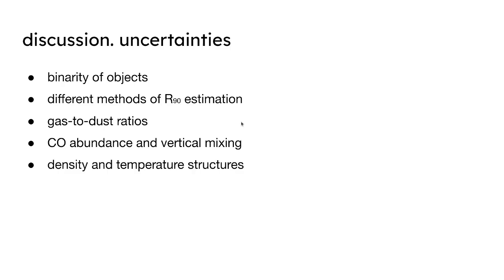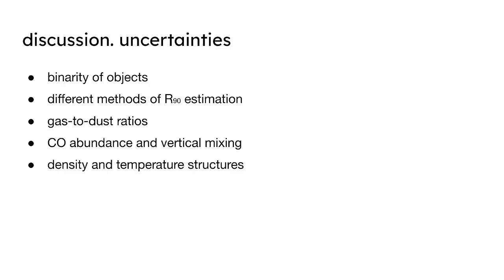Then more modeling points of discussion: throughout the paper they assume a standard gas to dust mass ratio of 100, so the gas component is 100 times more massive than the dust.